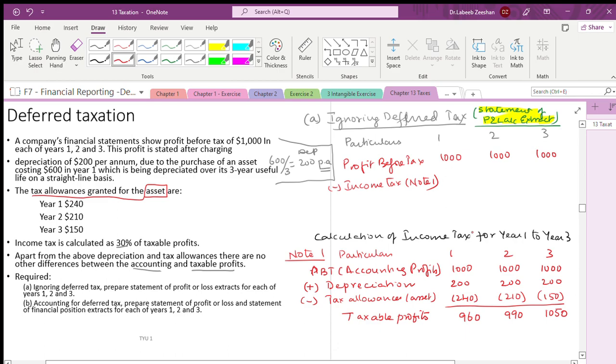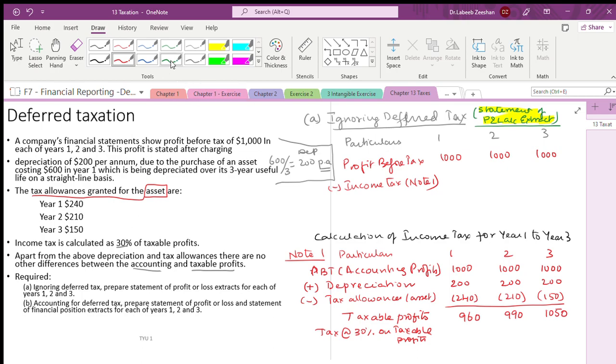Now, what is the tax rate they mentioned? Tax at the rate of 30% on taxable profits.